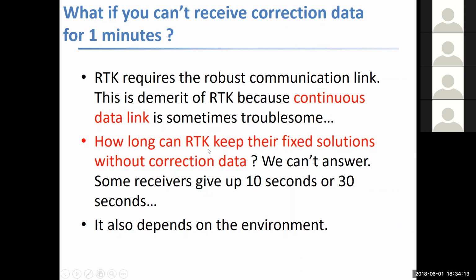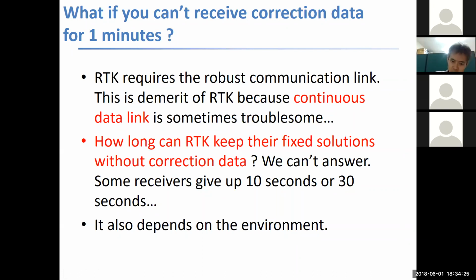And probably you have a question: how long can RTK keep its fixed solutions without correction data? I can't answer correctly, but some receivers, like Trimble and Topcon, give up after 10 seconds. They will switch from RTK to differential GNSS.